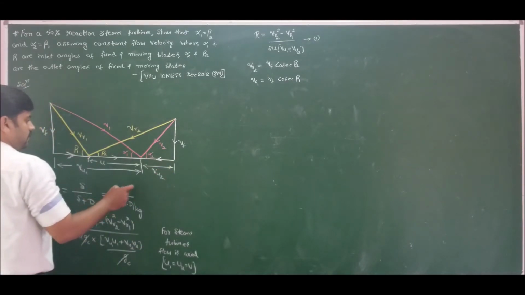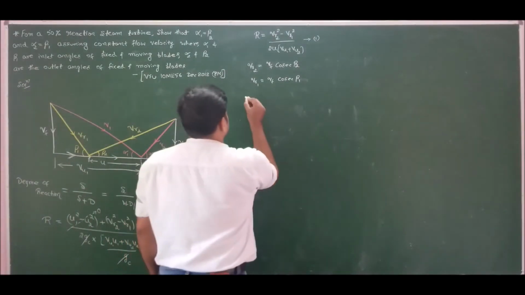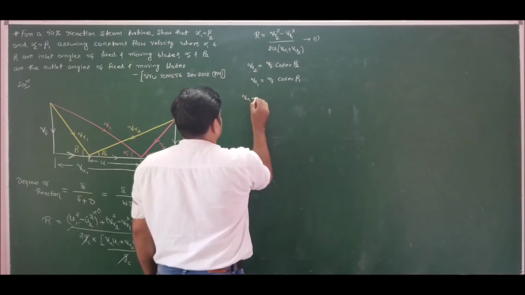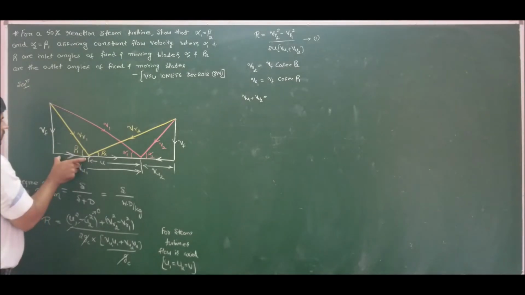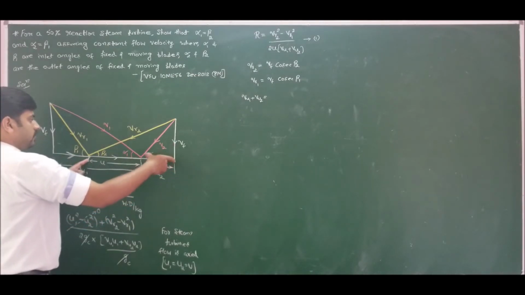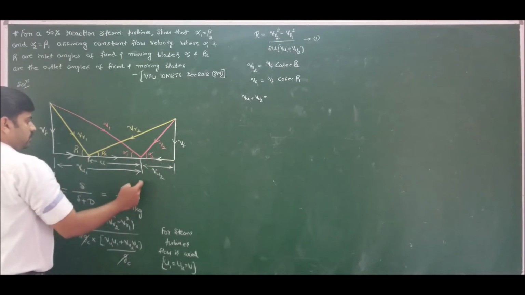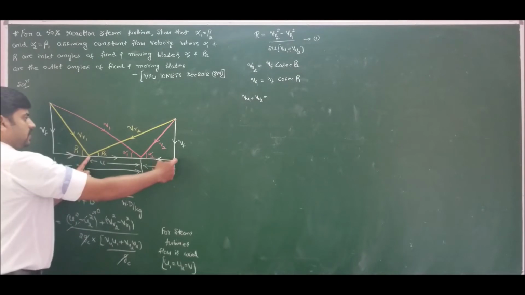So therefore Vu1 plus Vu2 can also be written, with the help of Vf, as Vf cot beta 1 plus Vf cot beta 2. So Vu1 plus Vu2 can also be written as Vf cot beta 1 plus Vf cot beta 2.